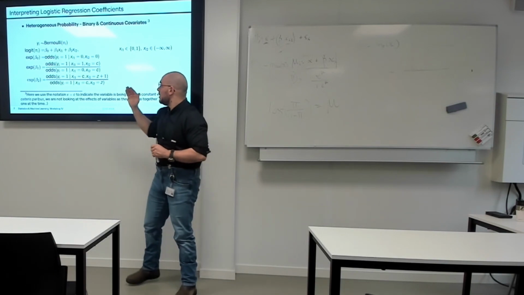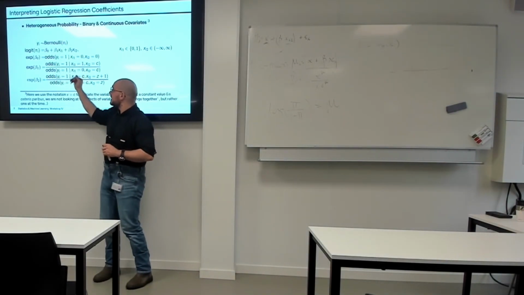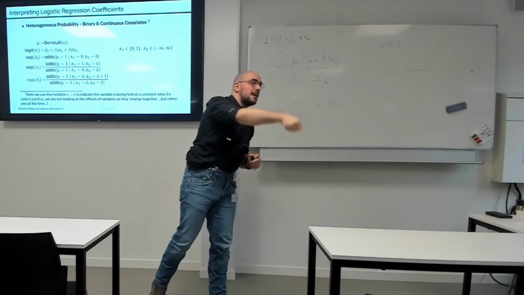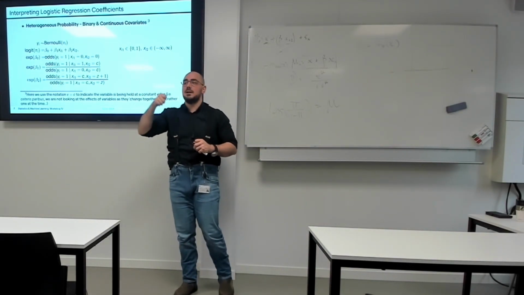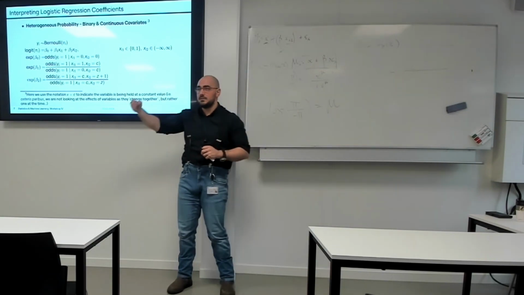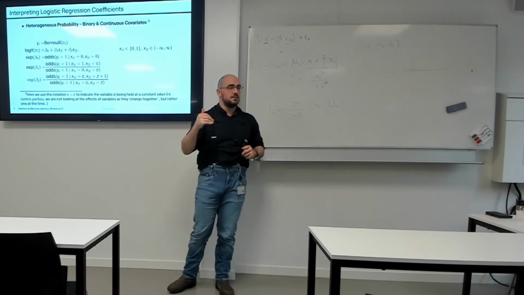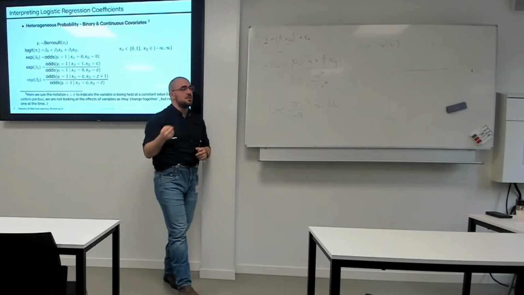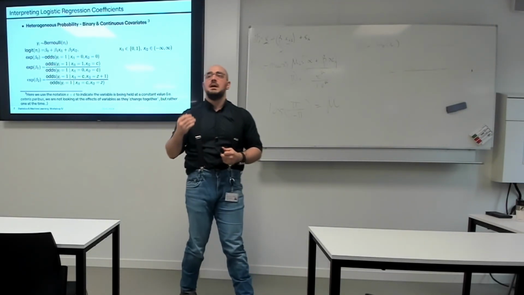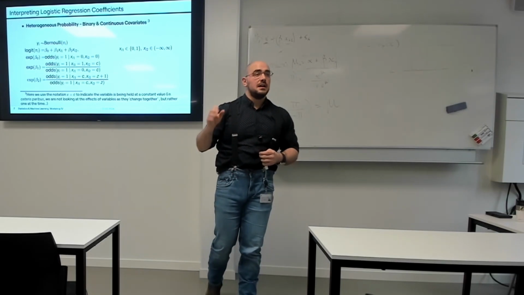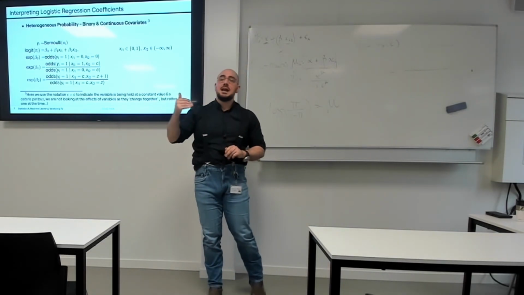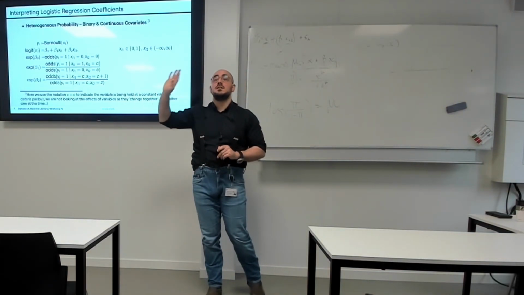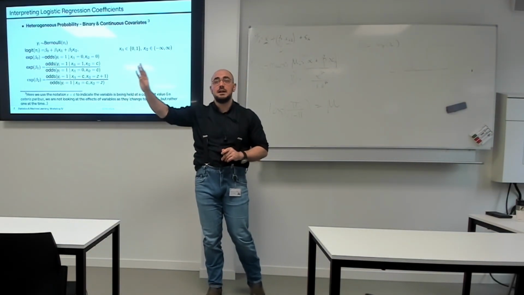Okay, so exp of beta 1 is still the odds ratio of voting for Trump if I've gone to college relative to not having gone to college. So by how much does my likelihood of voting for Trump increase if I've gone to college as opposed to not? And my exp of beta 2 also retains its previous interpretation: for every additional gun, by how much does my likelihood of voting for Trump increase, holding whether I have gone to college or not constant.